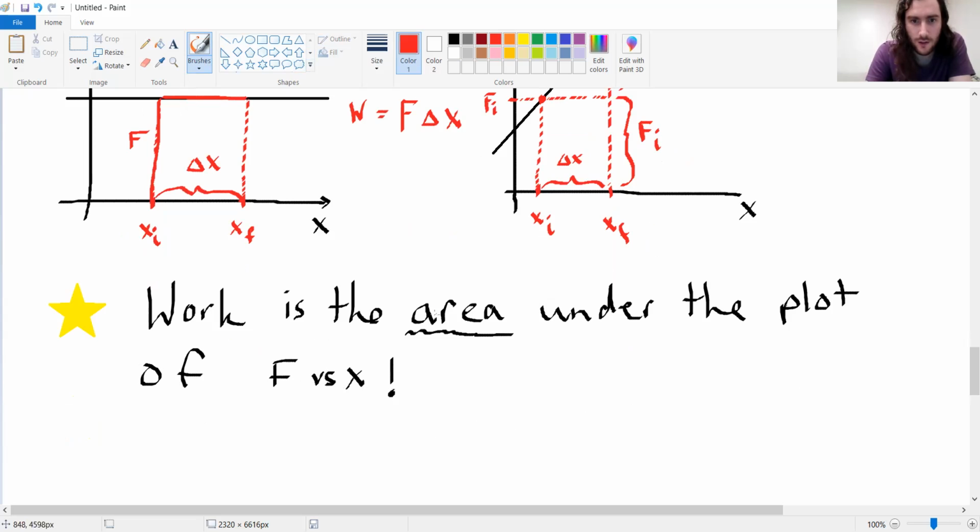So area is what we want. When we're after work, we want to look at the area under F versus x. Okay.